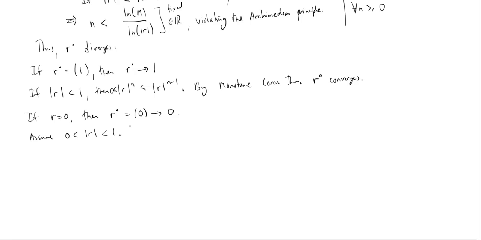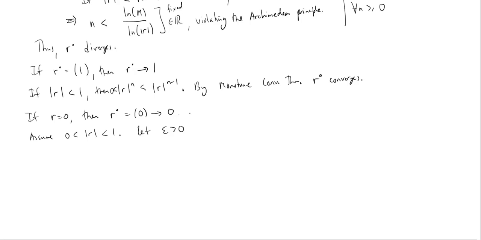All right, now, if we want to show that the sequence r to the n converges to 0, then we need to show that every 0 coin contains a tail. Okay, so let's get a 0 coin, right? So we need an epsilon. So we let epsilon be greater than 0, and we want to go out far enough, right?